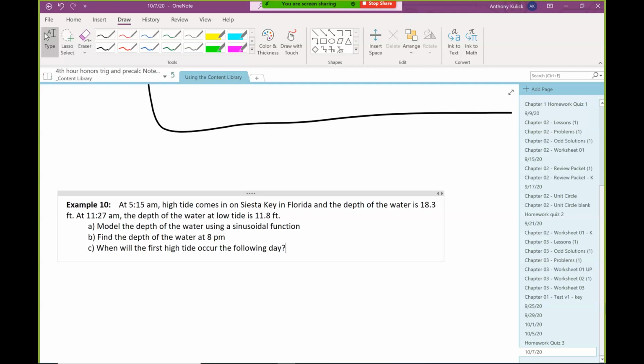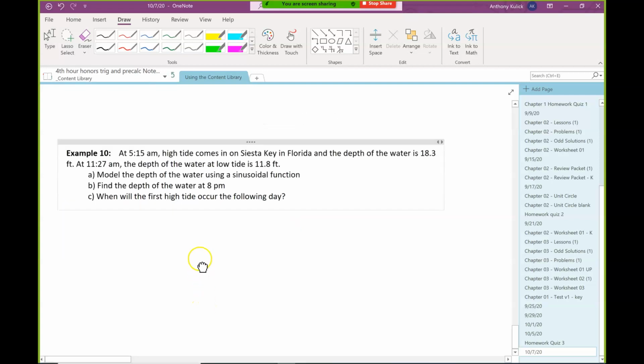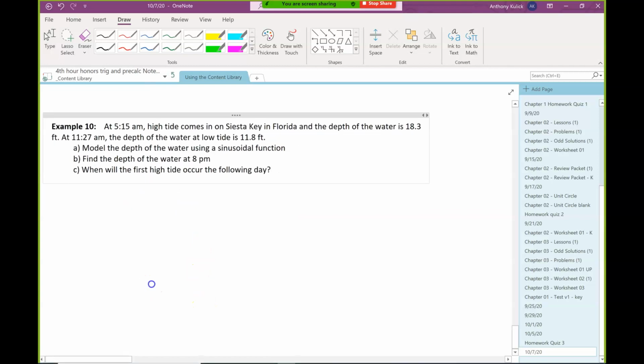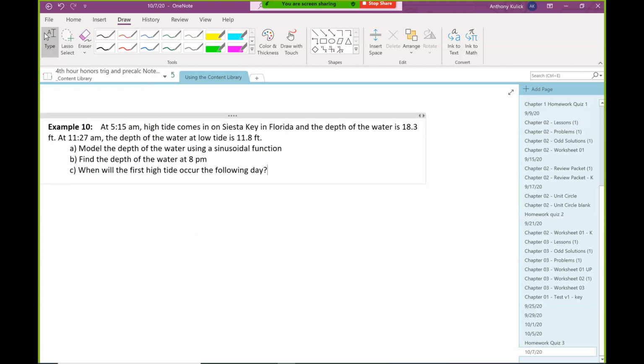So I would start by drawing a picture so I get a good feel of the situation. Like we have our high tide here. This is at 5:15 a.m. at 18.3 feet.